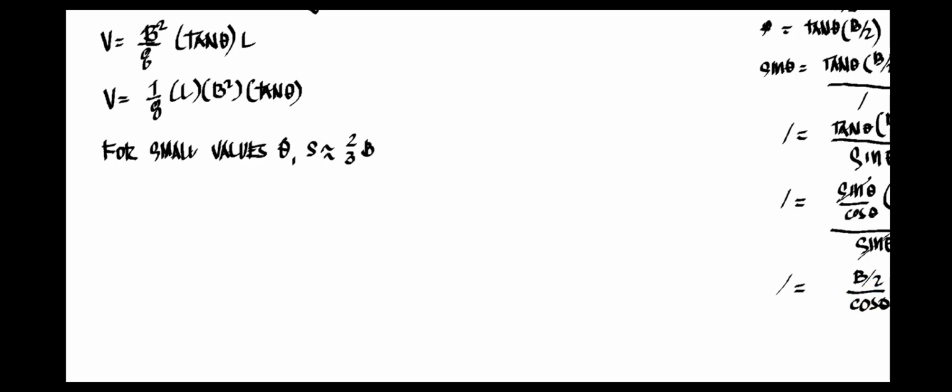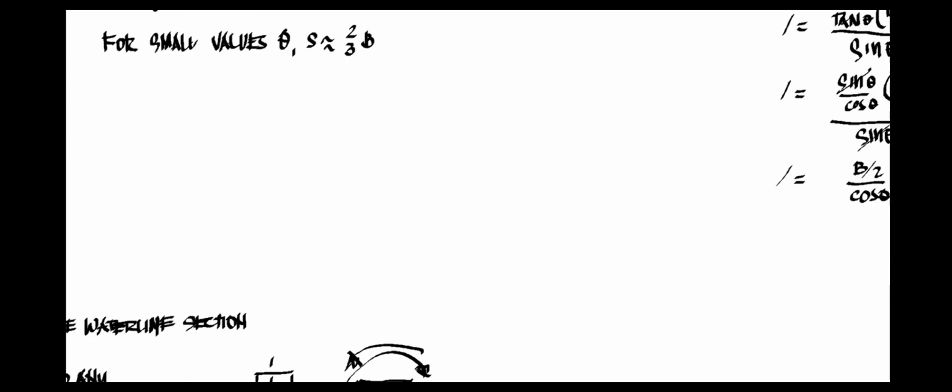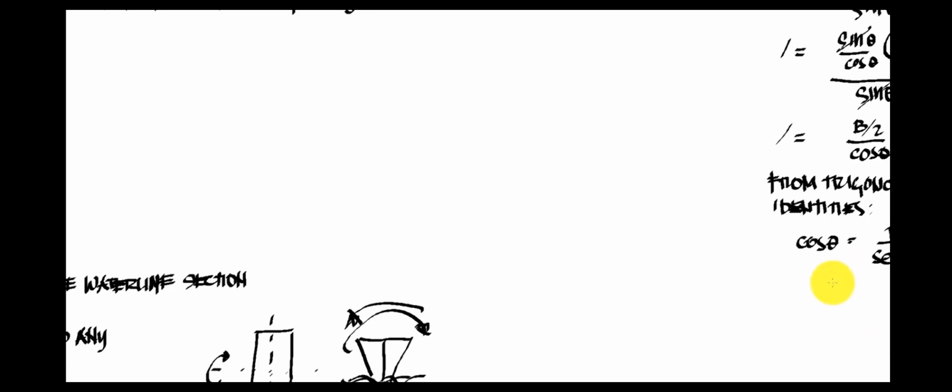Now from the trigonometric identities, we have the cosine of theta, which is equal to 1 over the secant of theta. Transferring that, the secant of theta is equal to 1 over the cosine of theta.